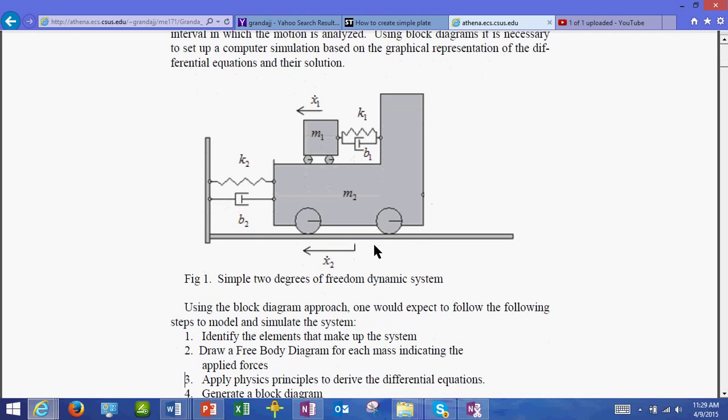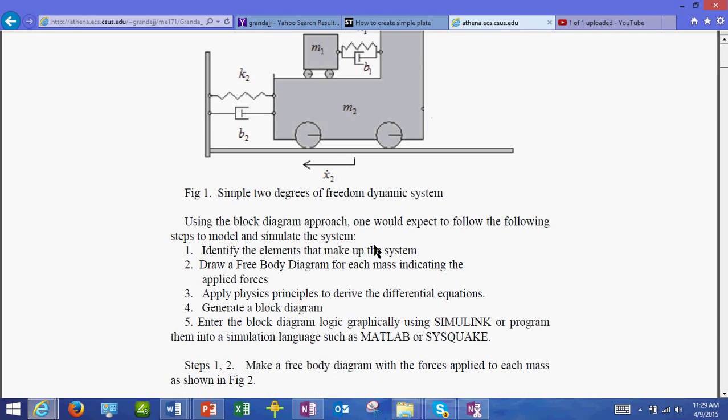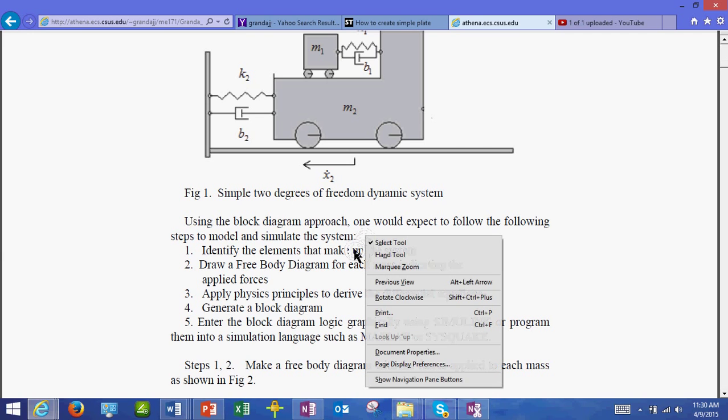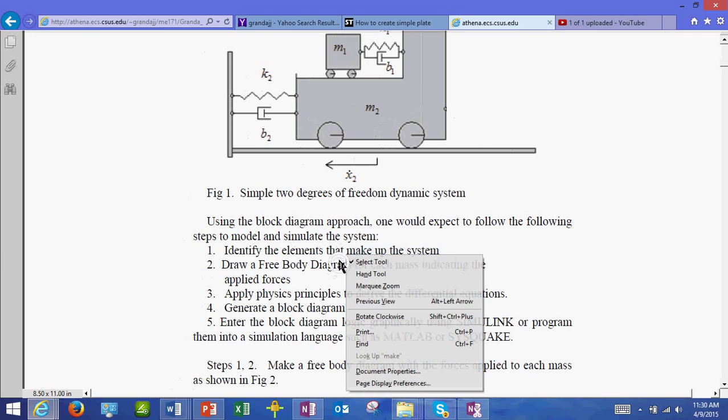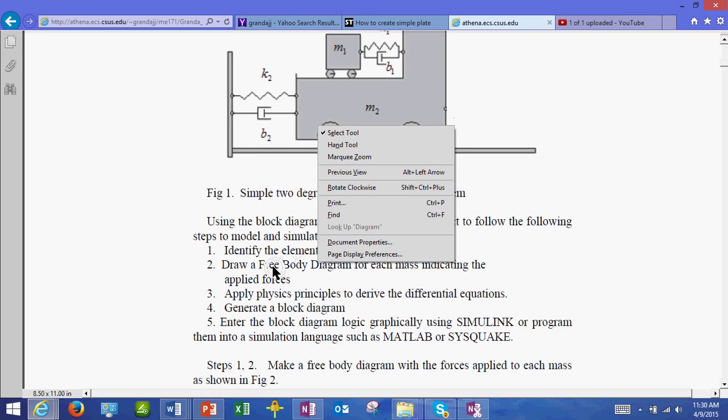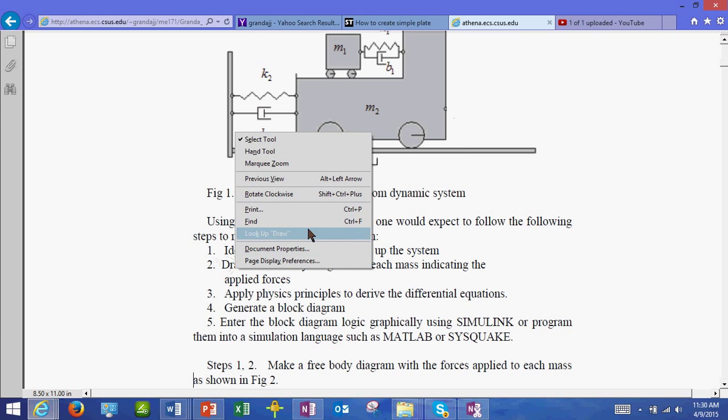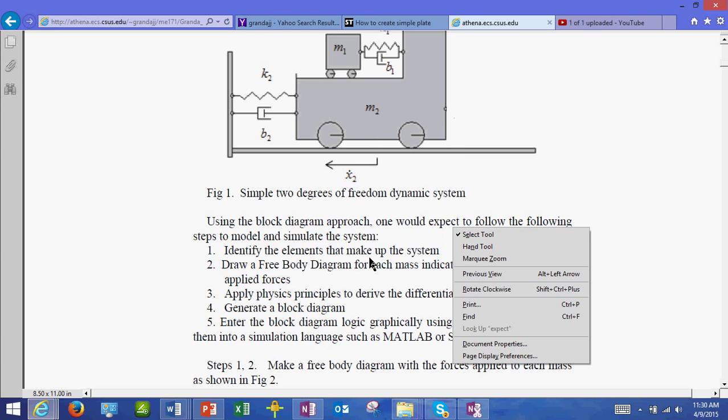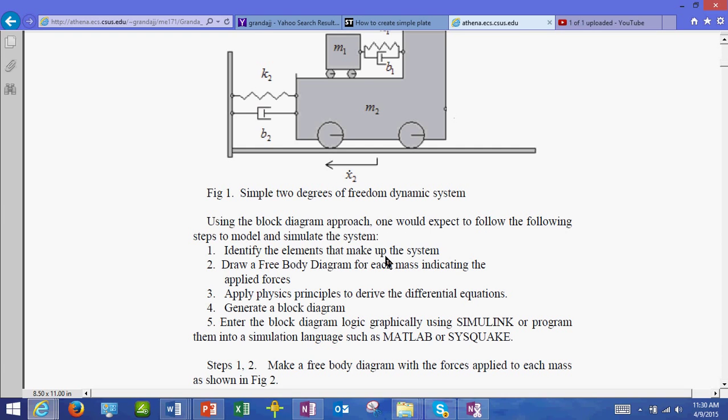So in here, we could do this several ways. You could use the block diagram. You will have to do the following thing. You have to identify the elements that make up the system.